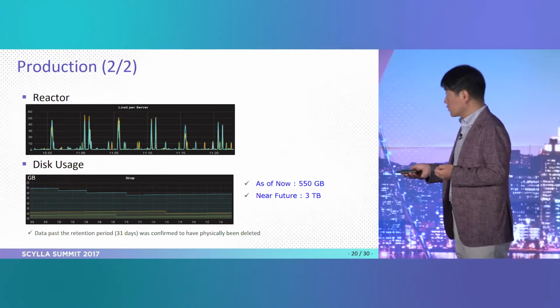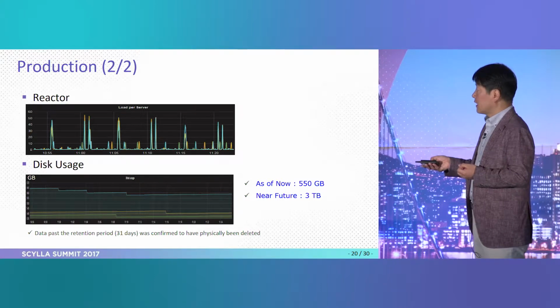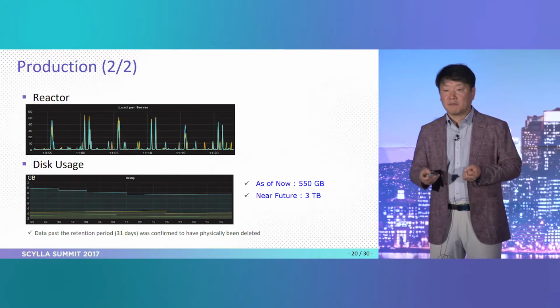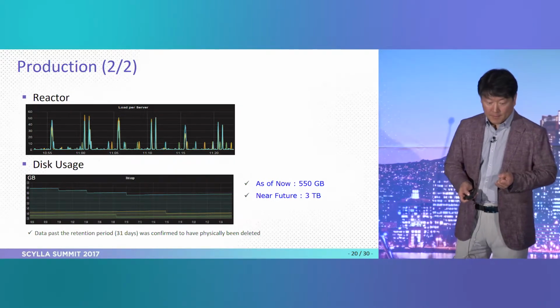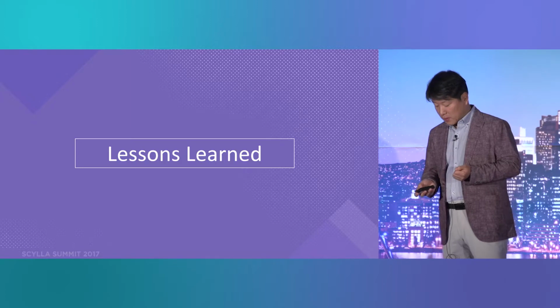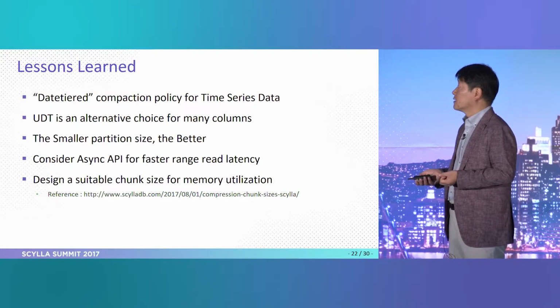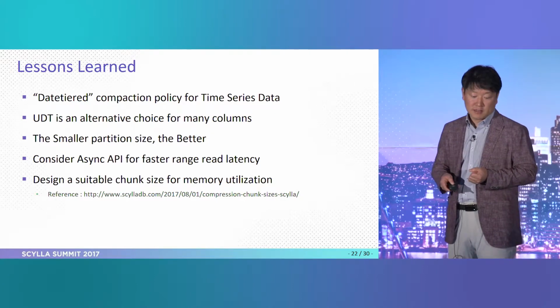And also you can see the total disk size is not increased, and the compaction policy is working well. Okay, I will summarize the lessons learned from our phase 1 project.